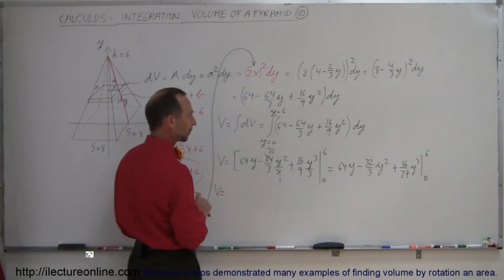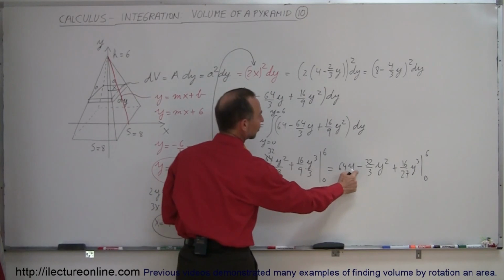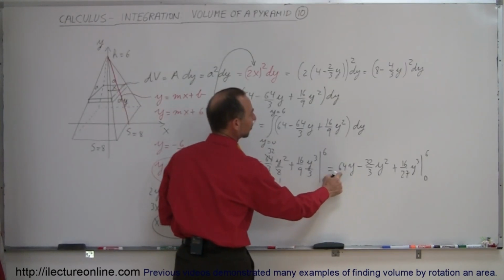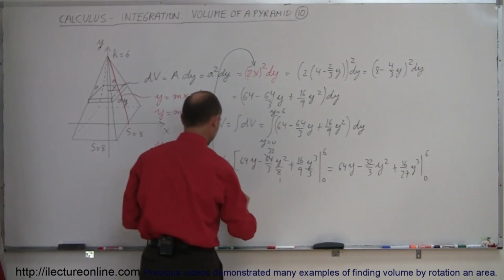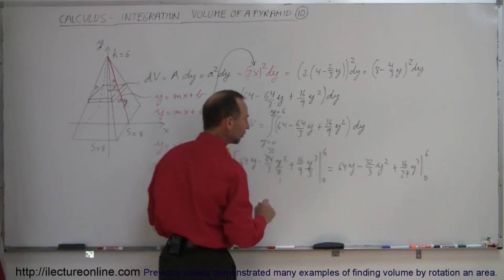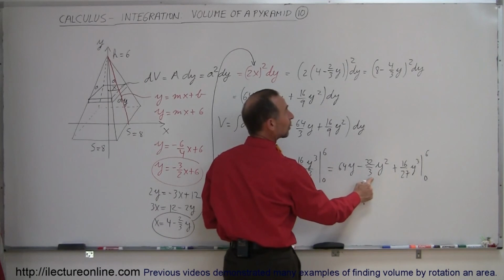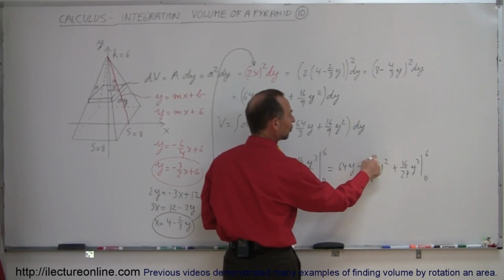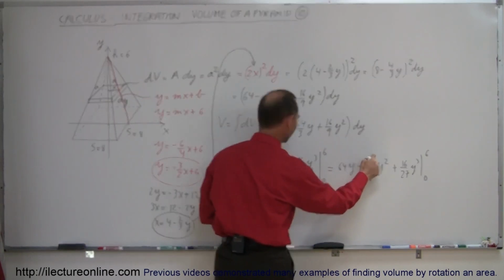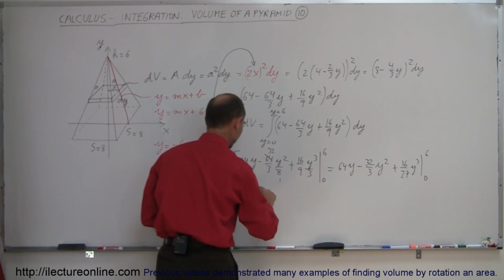V equals, we plug in 6 here, 6 times 64, that's 384, minus, plug in 6 here, that's 36, 36 divided by 3 is 12, 12 times 32 is, same thing, 384.